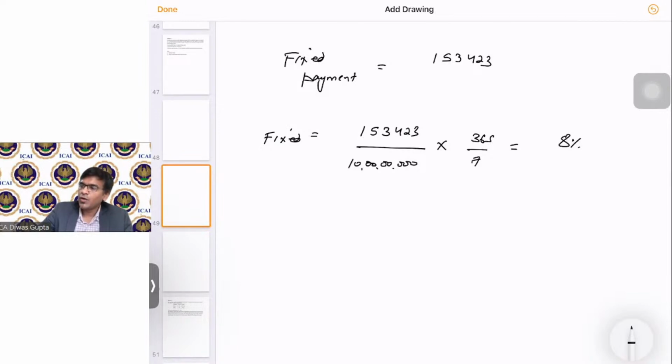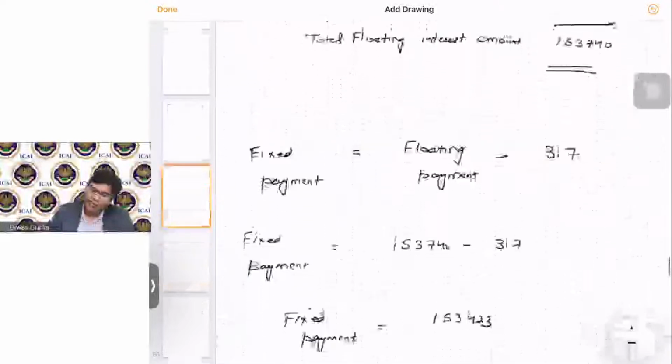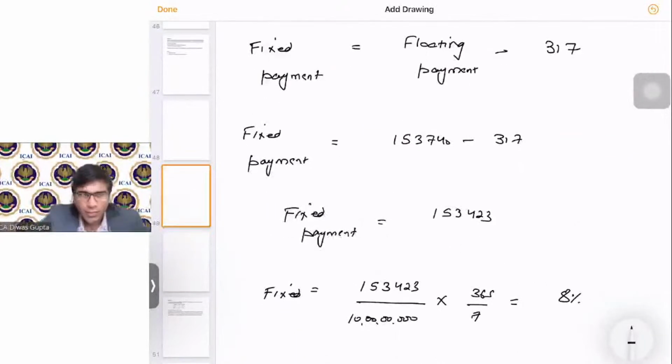Okay, so this was the question on overnight index swap. Some basic assumptions need to be made, and some of the very basic thoughts, which is, let's say, when you have to take for 2 days, when you have to take for 1 day, like that.